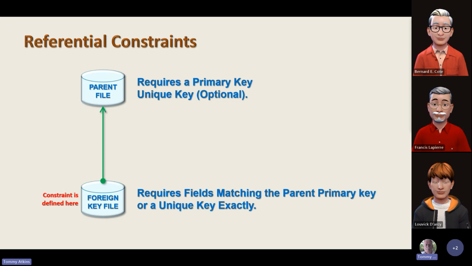If there's a referential constraint between the two, you have to do it in that order. You copy the parent and then the child, not the other way around, because otherwise if you copy the foreign key in first, it won't copy. It'll say, got no parents.